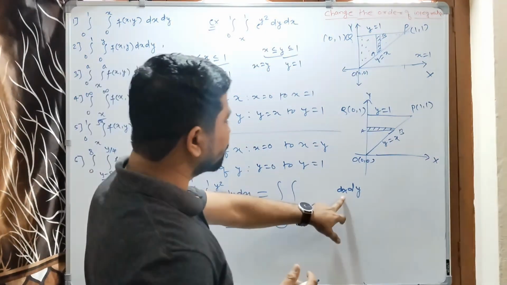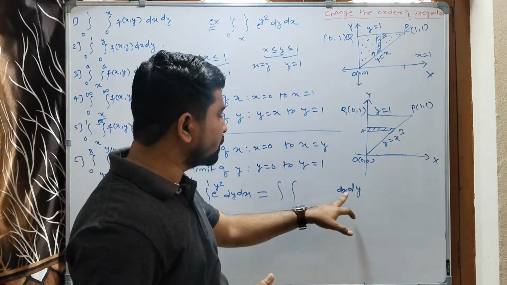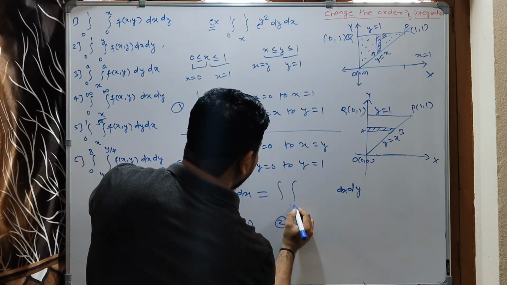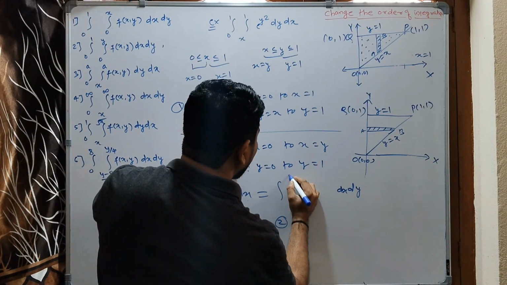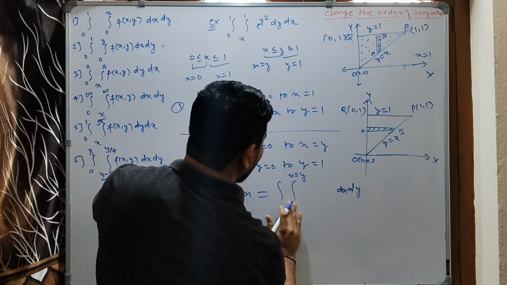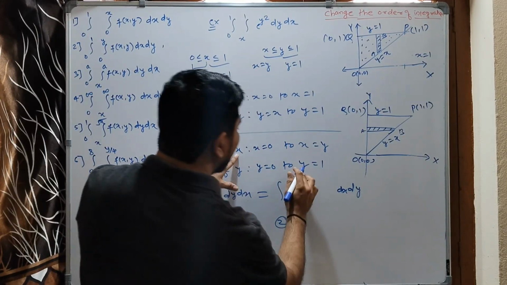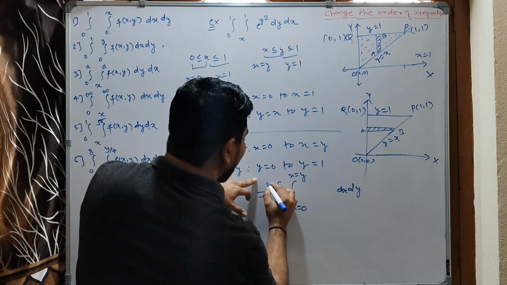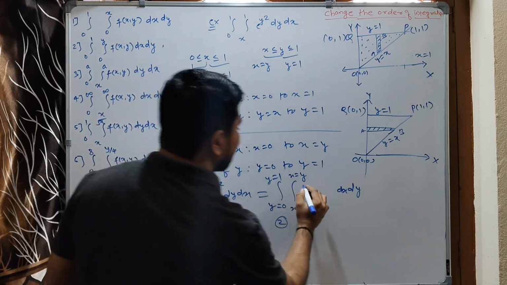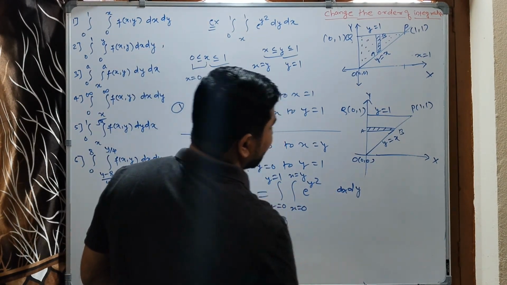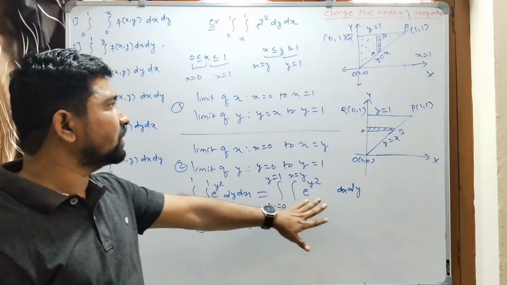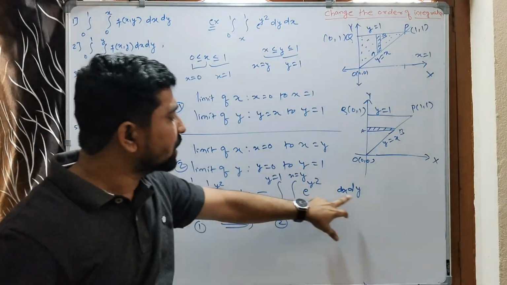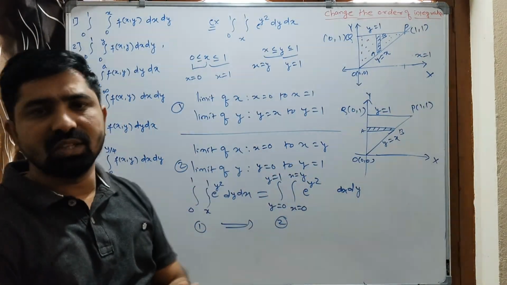Here the inner limit is in terms of x, so I write the limits of x: x equals 0 to x equals y, and the limits of y: y equals 0 to y equals 1. So this is e to the power y square dx dy. This is the way to change the order from dy by dx with respect to this limit to dx by dy with respect to this limit.